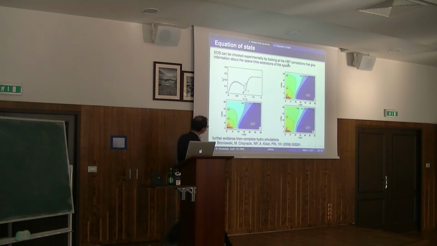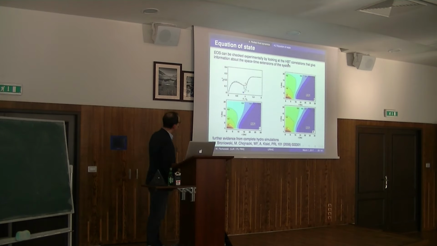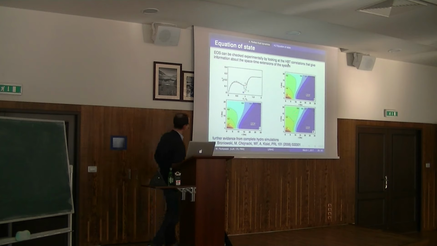Now, these 3 temperature dependencies of the sound velocity correspond to completely different evolution of the system. The 3 figures show space-time diagrams, contour plots of the temperature. This is for the canonical case, let's say 1.